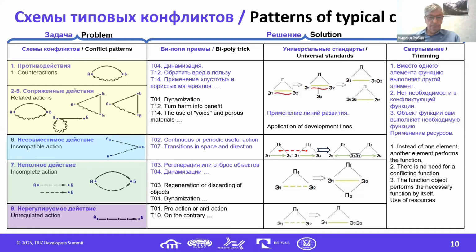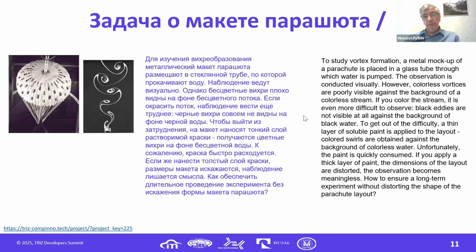Or we also have a number of recommendations with trimming. Those trimming recommendations are quite uniform and universal, but when we use software, they are then specified and we understand which elements we need to trim, which functions we need to trim, and this is done in an automatic mode.